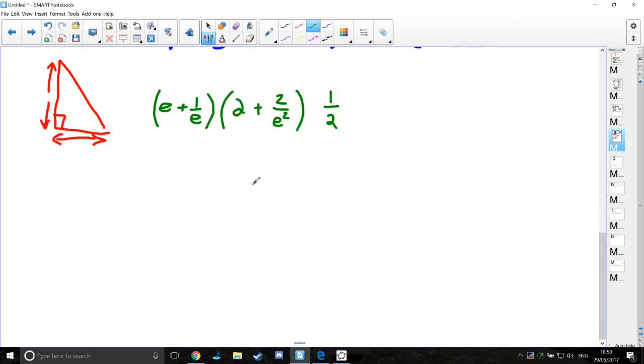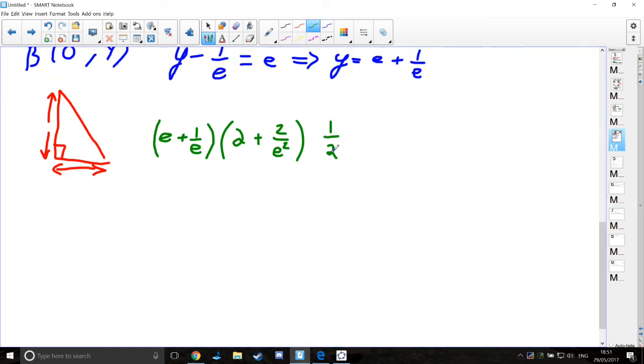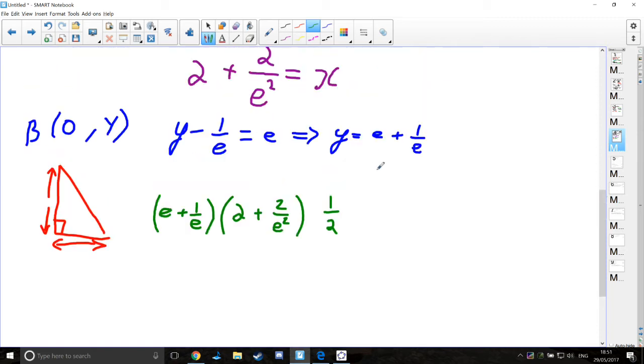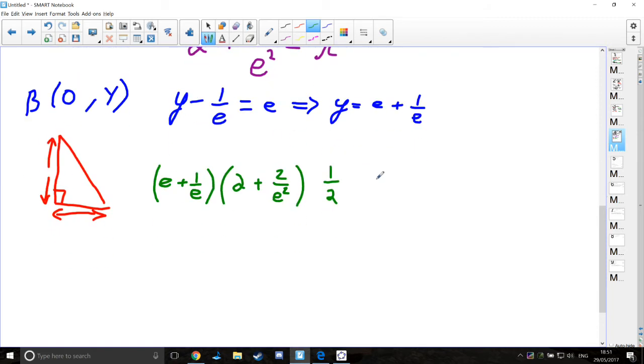One neat little trick that you could do here is to apply the half to one of these to kind of use it up. And that's what I'm going to do here.